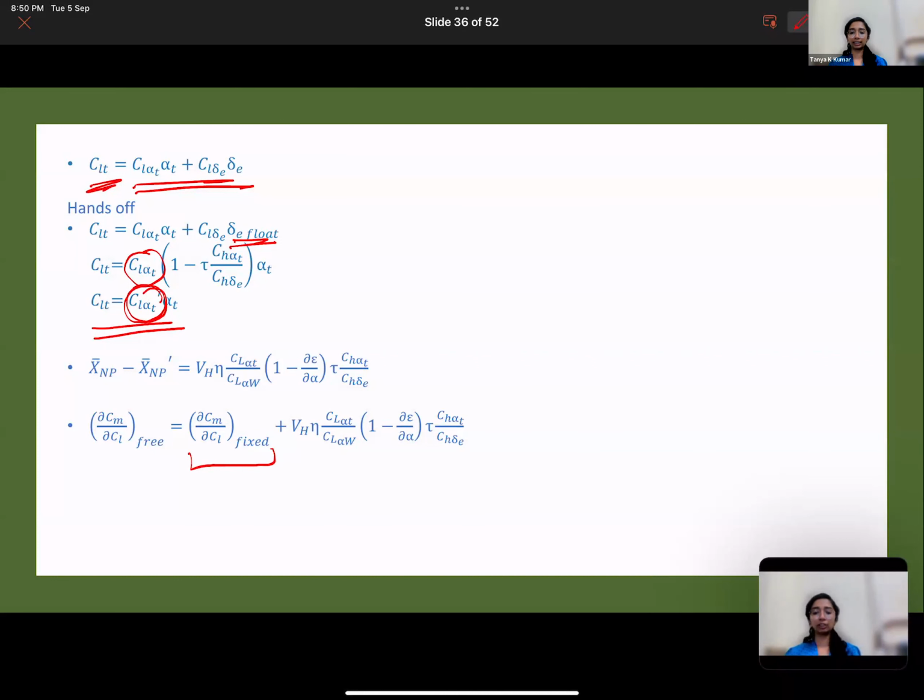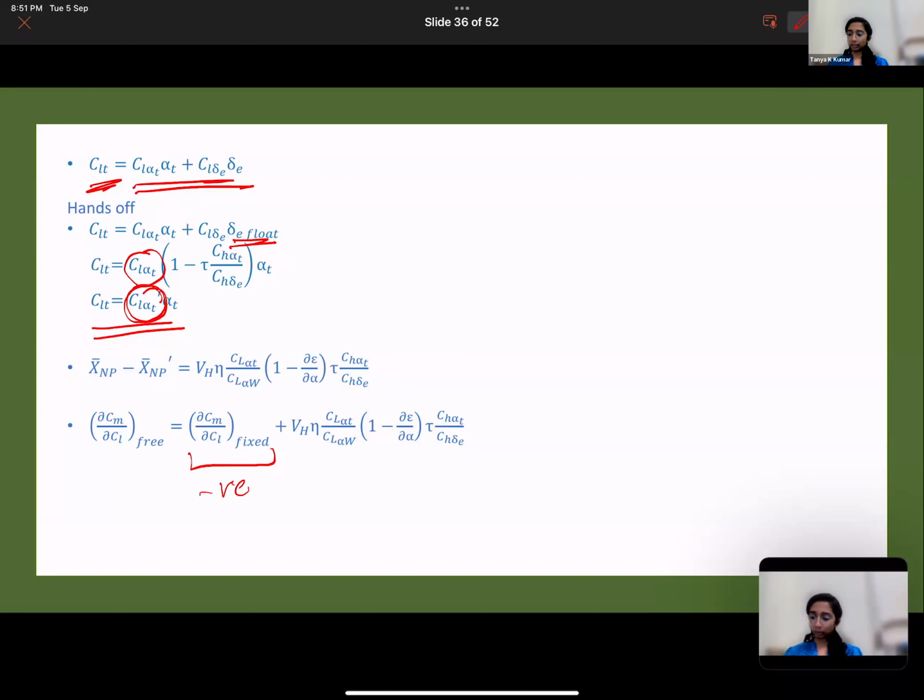Is it positive or negative for a stable aircraft? Yes, it's negative. So the more negative it is, the more stable your aircraft is.